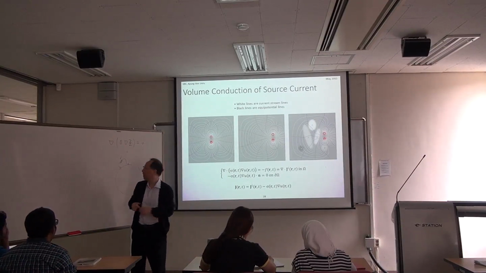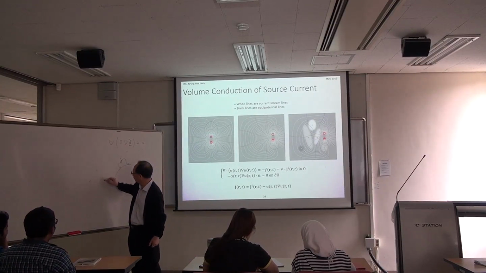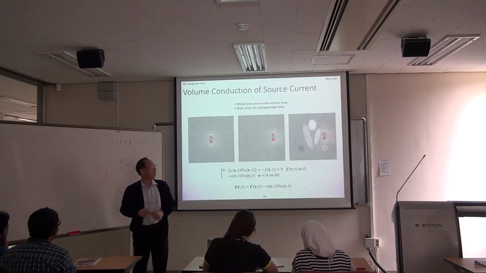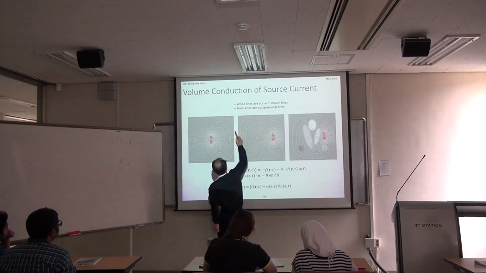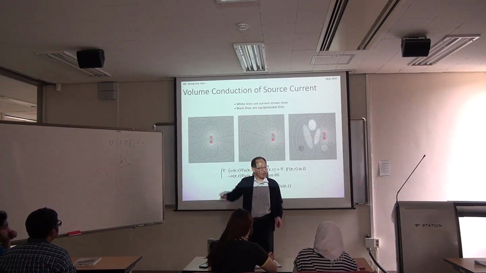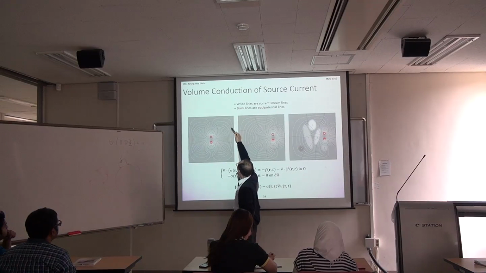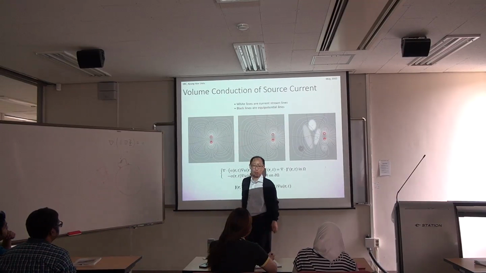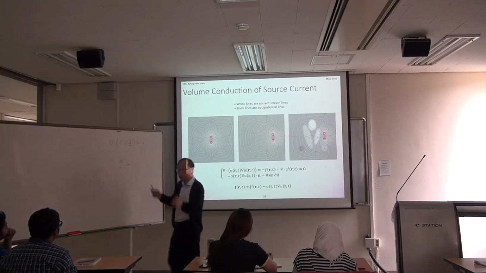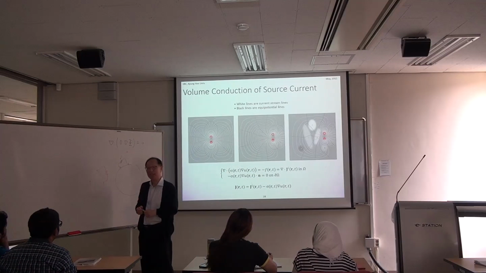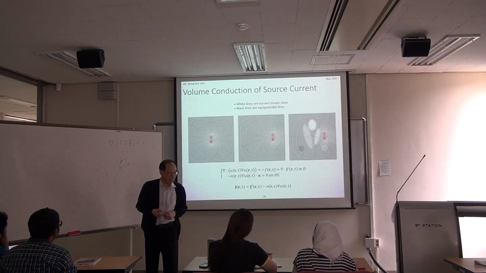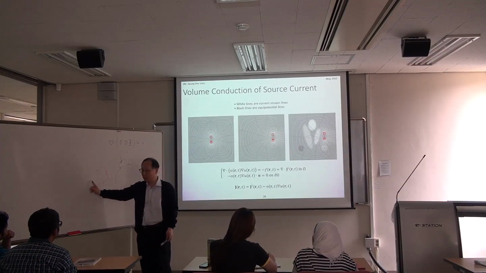Now, I want to measure voltage between here and here, between these two equipotential lines. Then we will be measuring the voltage difference between this equipotential line and this equipotential line. And that voltage difference can be predicted by the inner product of the lead vector and this current source vector.